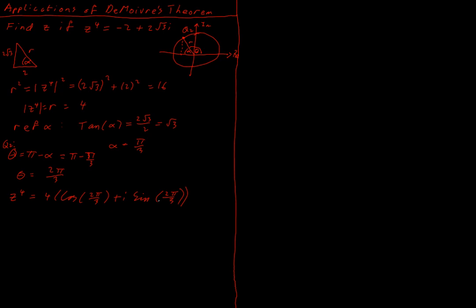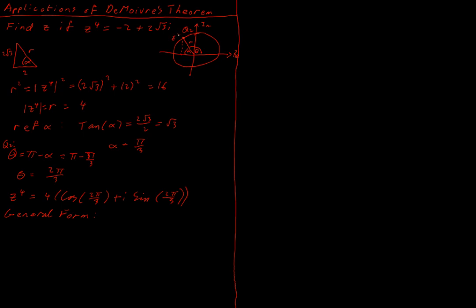But I know to get all of my solutions, I must write this in general form. Which means that I acknowledge the fact that if I'm at this point and I rotate around through 360 degrees or 2 pi radians, I would end up at exactly the same point again. If I add 2 pi radians, or 4 pi radians, or 6 pi radians, any number of complete rotations around my circle would bring me back to exactly the same value of z.